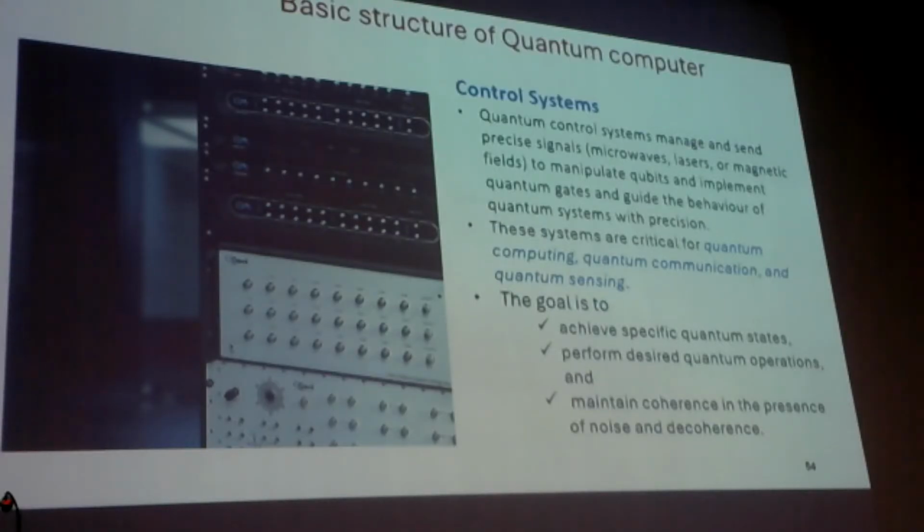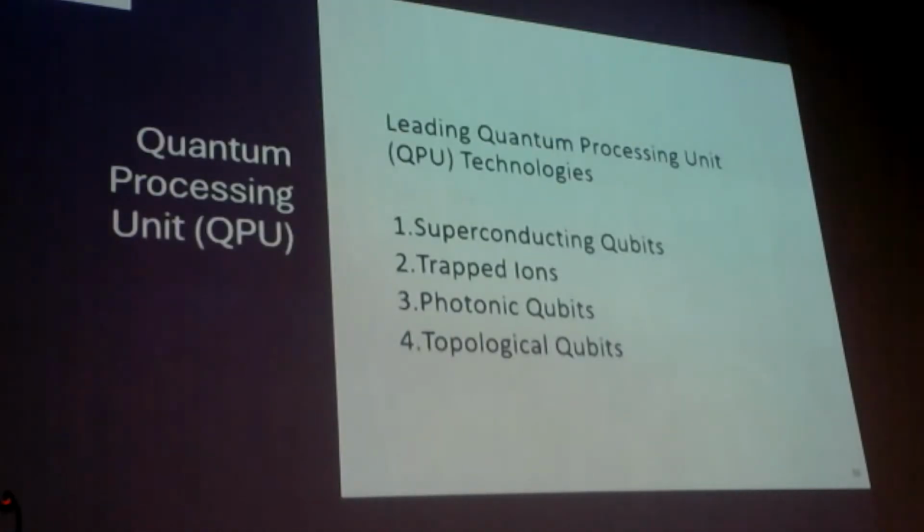And control systems, as I said, will send precise signals, microwaves, lasers, magnetic fields to manipulate the qubits and implement quantum gates and guide behavior of quantum systems. They are critical for quantum computing, quantum communication, quantum sensing, and so on. So, to achieve specific quantum gates, perform desired quantum operations, maintain coherence in the presence of noise and decoherence. So it's important for the control system.